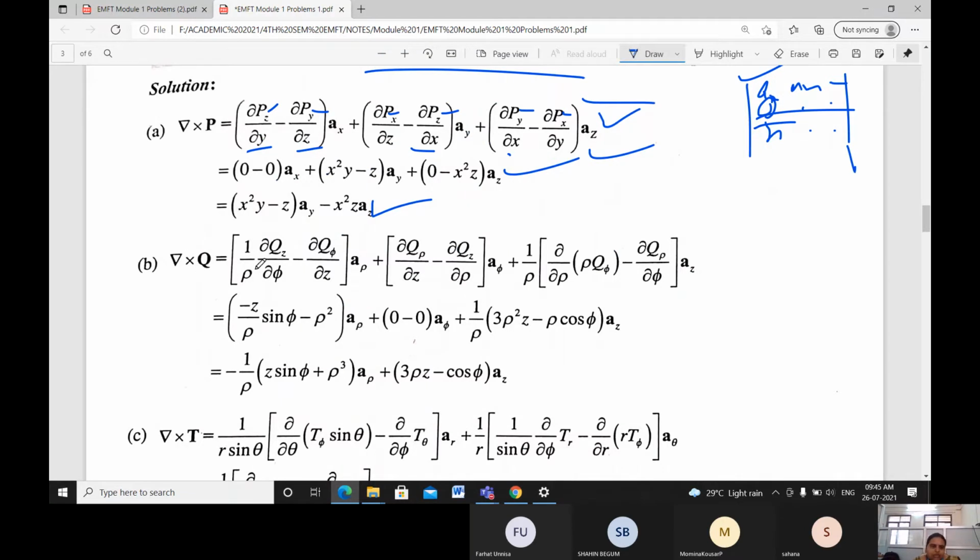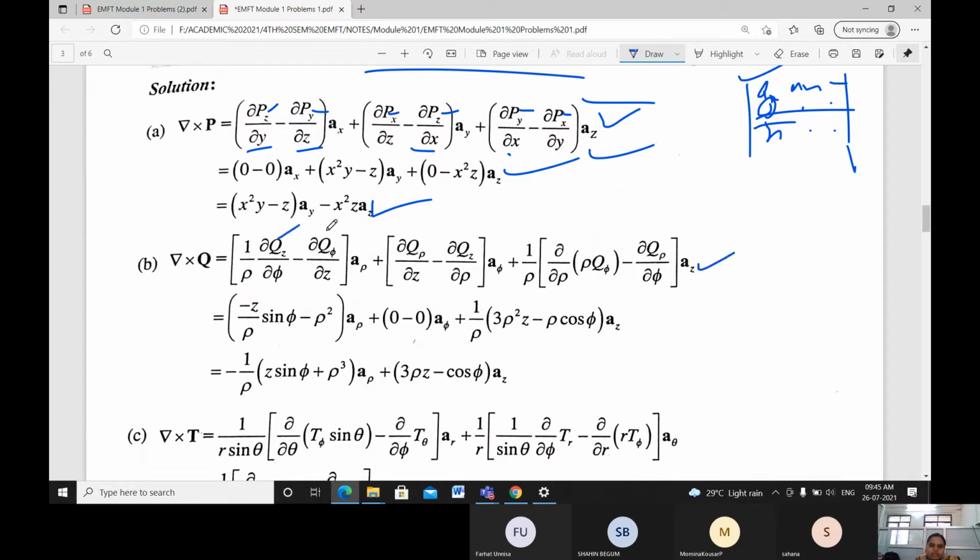In the same way, for q, the curl is going to be del cross q. The equation is 1 by rho dou qz divided by dou pi minus dou q pi divided by dou z into a rho, plus dou q rho divided by dou z minus dou qz divided by dou rho into a pi, plus 1 by rho dou by dou rho of rho q pi minus dou q rho divided by dou pi into az.